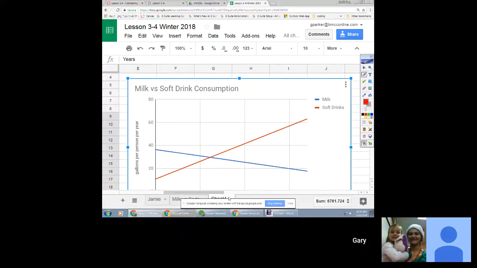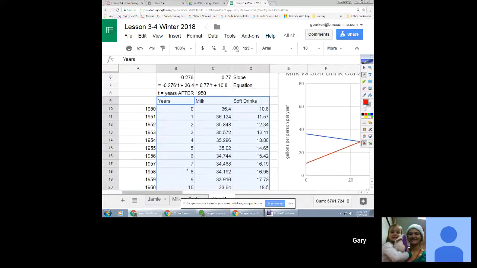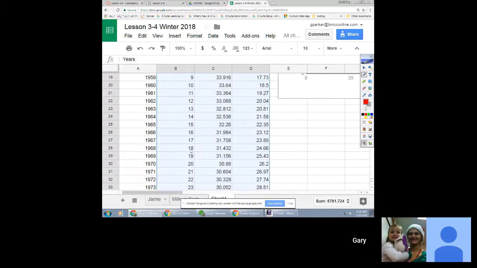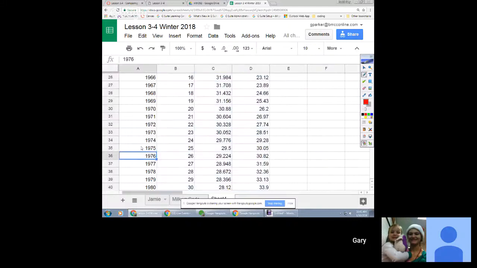So if I go look at my table, we're 75, we're 75. So let's highlight this region. In 74, milk was still a little higher than soft drinks, but then in 75, soft drinks got a little higher than milk.